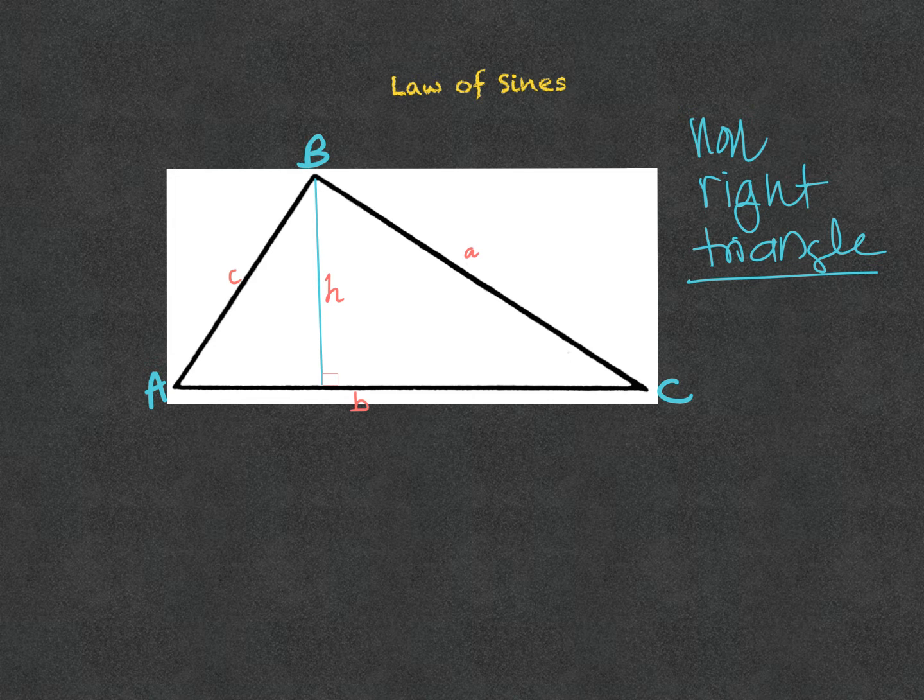Or the trigonometric ratios, which we'll come to, that's another video. But this is a non-right triangle. And I want to say non-right because it could be either scalene, isosceles, or even equilateral, but as long as it doesn't have a right angle.